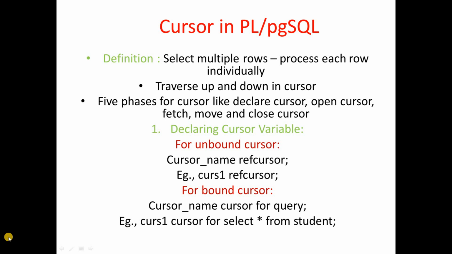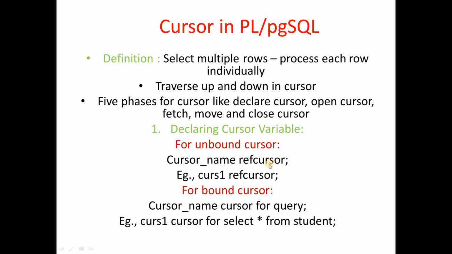Look here. Whenever we declare an unbound cursor, we use the ref cursor data type. A special data type is used in the case of an unbound cursor, which is refcursor. Whenever a variable is declared with the refcursor data type, that cursor is unbound. And what is meant by unbound? Unbound means that the cursor variable is not bound to any database query or any SQL query.